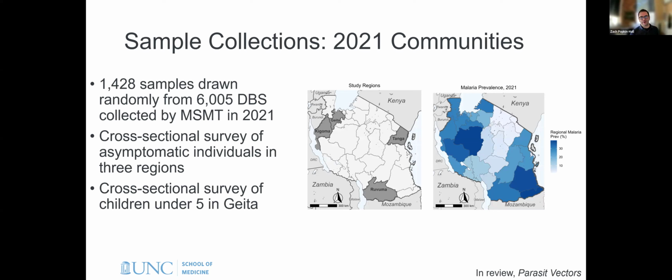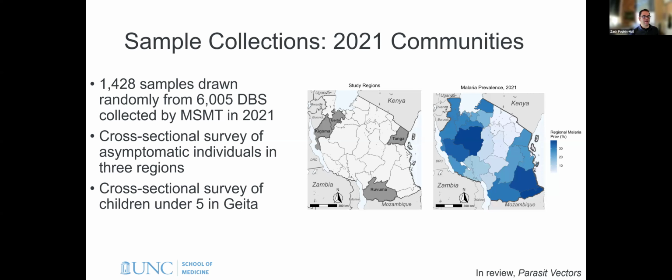So now I'm going to move into things that are not in that published paper, so you may not have seen any of this before. In addition to the symptomatic patients at health facilities, we also did community surveys at households in 3 regions of asymptomatic cases.